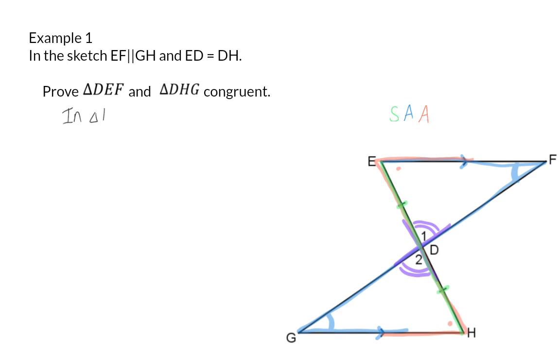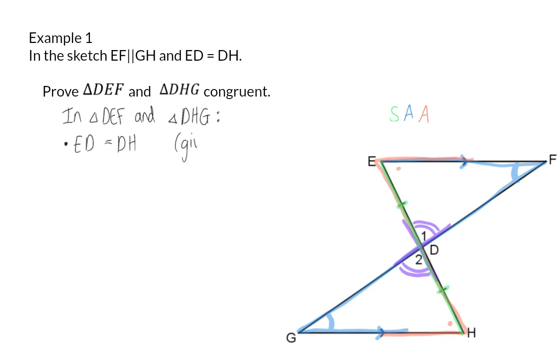In triangle DEF and triangle DHG, we know that ED is the same length as DH, and that was given to us.